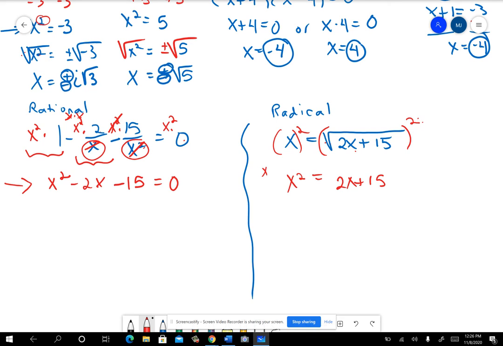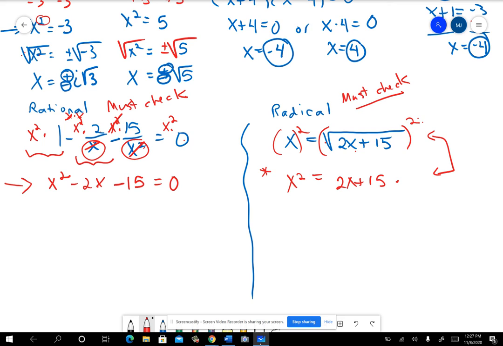Now, you will need to make a mental note on this one to check your answers, because you might get what they call an extra solution. These two equations aren't exactly equivalent. The one on the bottom might have a solution that works there that doesn't work in the original. So just make a note when you're doing this type, you must check. And the same thing's true over here. You must check for a slightly different reason.